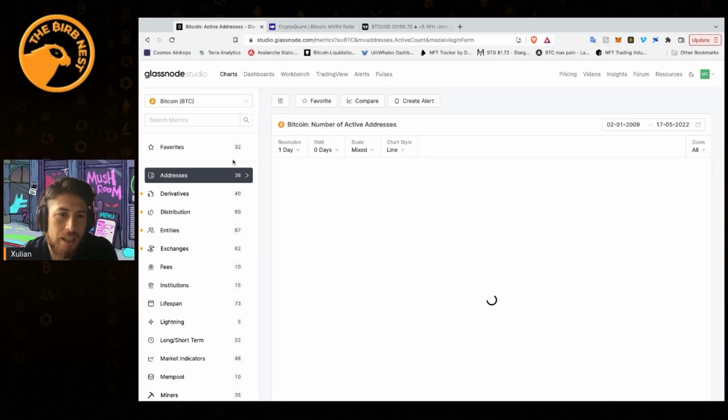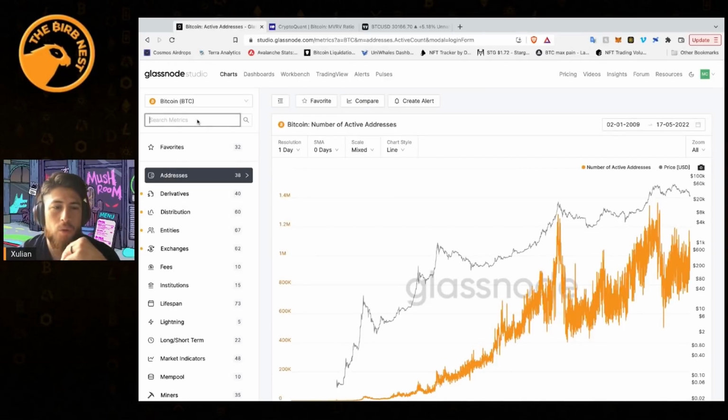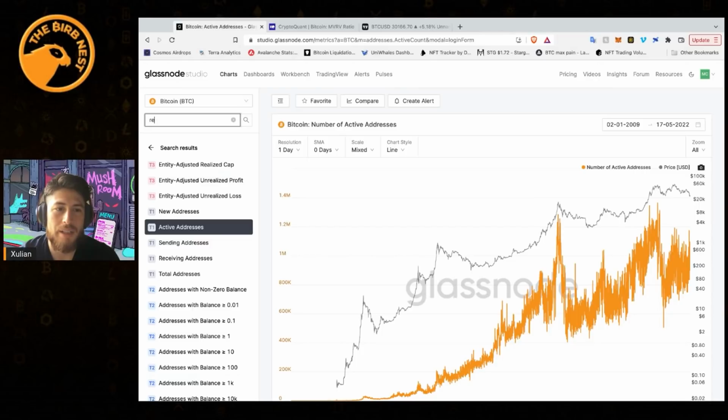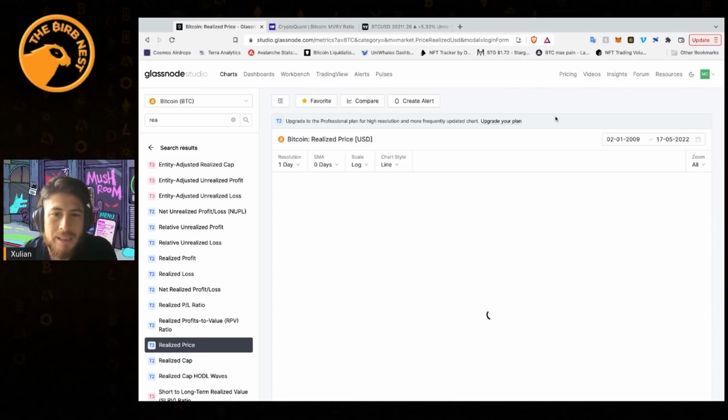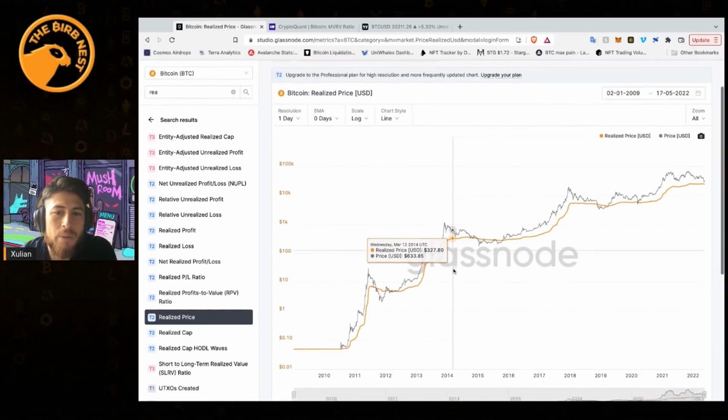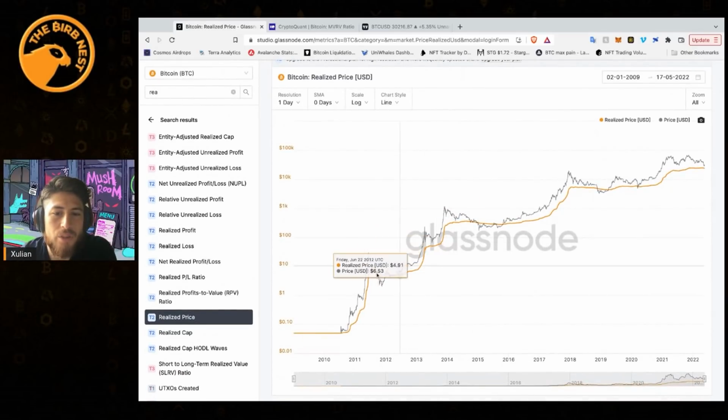The reason I'm using Glassnode now is just because of how CryptoQuant displays the realized price. So we can look at realized price right here, and we can see it's a very good metric in terms of the bottoms and tops again, but most importantly for bottoms.